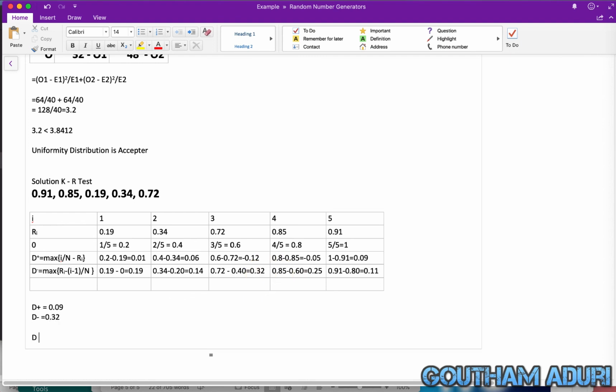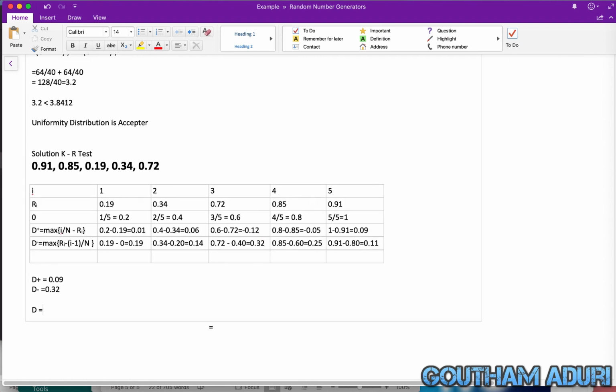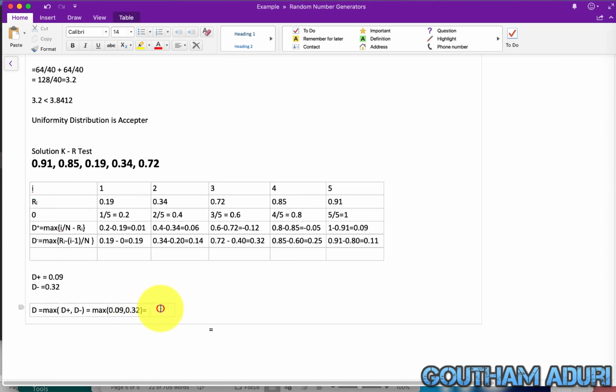D is the maximum of D plus and D minus, so the maximum of 0.09 and 0.32, which is 0.32.